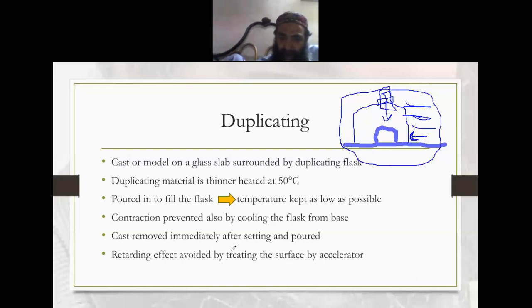The retarding effect is avoided by treating the surface with an accelerator.